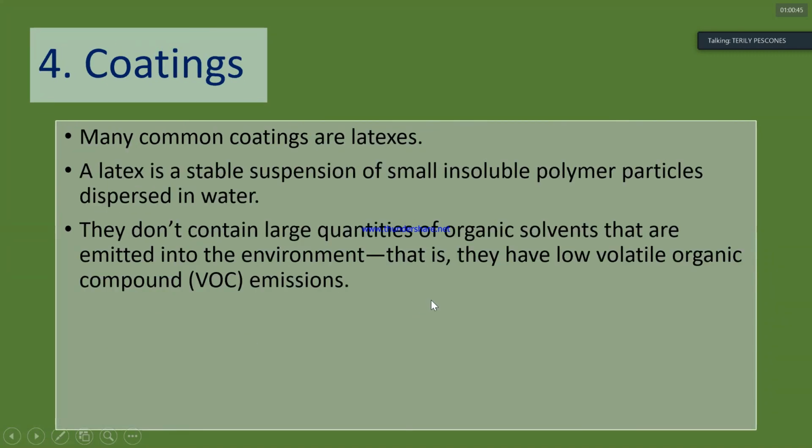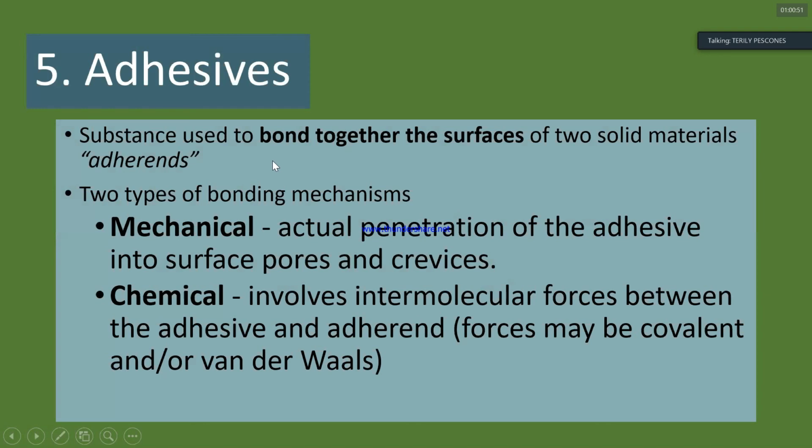Okay, so coatings. Next, we have adhesives. Substance used to bond together the surfaces of two solid materials, o ang tinatawag na adherents. So, two types of bonding mechanism. We have the mechanical and chemical. So, mechanical is actual penetration of the adhesive into surface pores and crevices.